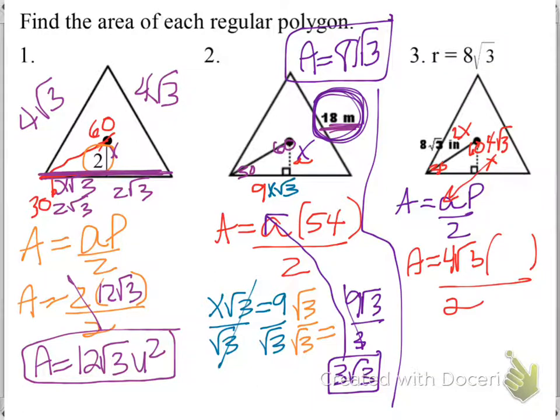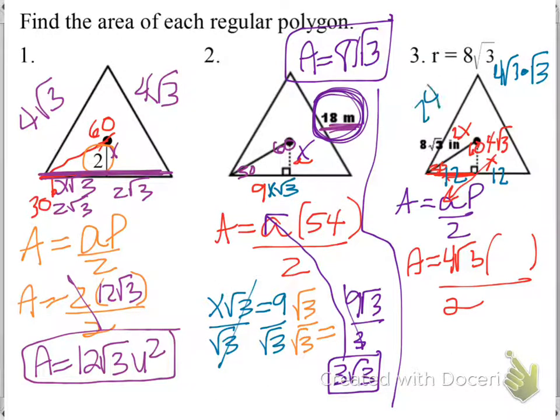Now to get the perimeter, I need to find this other side of that little triangle. To get that, we take x, which is 4 root 3, and multiply it by root 3. So that would be 4 root 3 times root 3, which is 12. That's this piece, so the entire side would be 24.